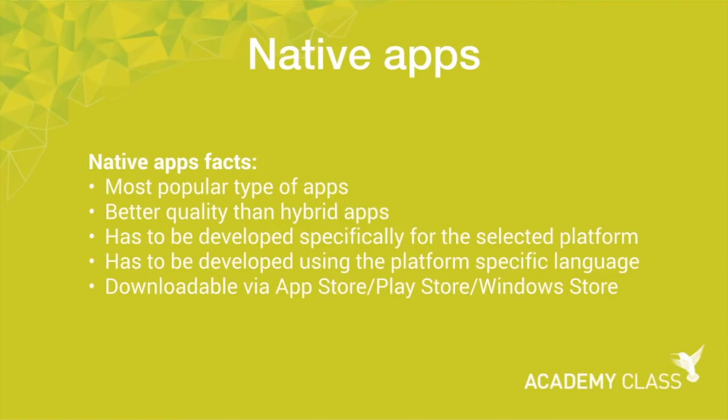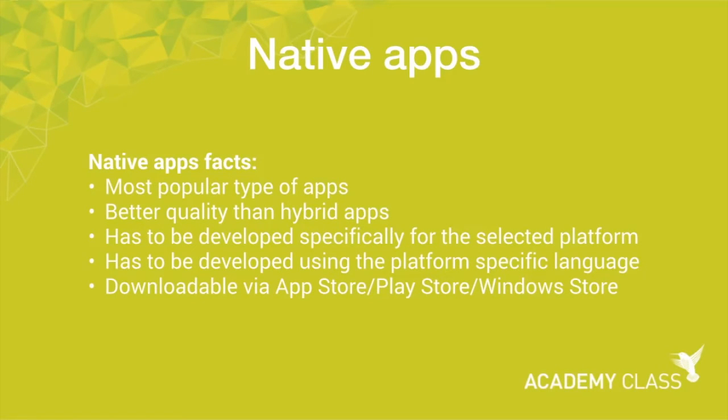First of all, native apps. What are native apps? You can imagine those as the apps which you download from the App Store. Probably 80% or 90% of all apps are native apps. They are better quality, and most of the time they look better than hybrid apps.